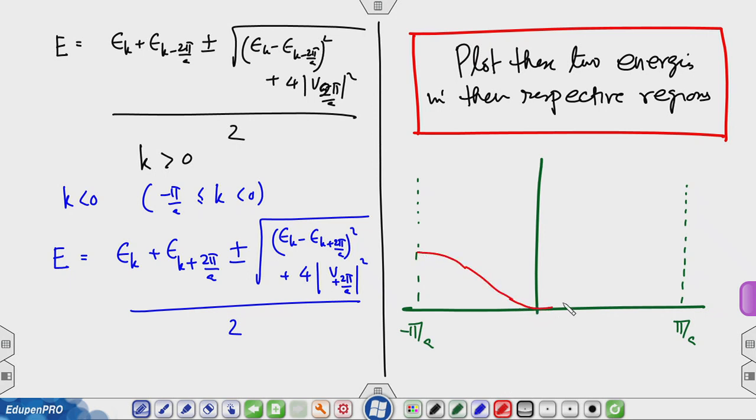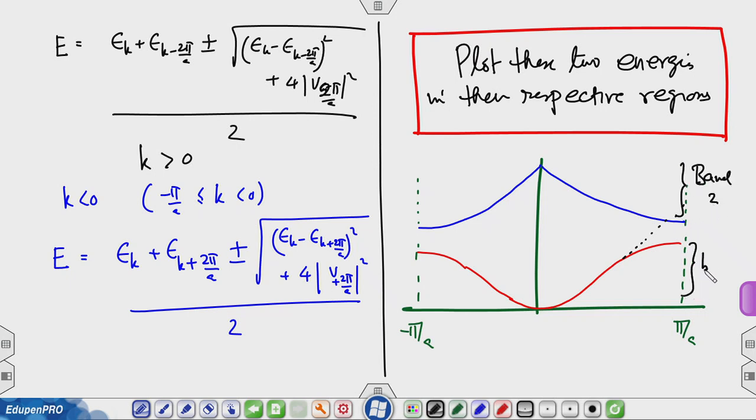So, the lower energy looks like this, and if you have done a proper plotting, you will get the upper energy to be like this. What should have been a continuous curve has broken into two bands. These are called bands: band 1 and band 2 of energies. I will comment in a minute about what happens here, why there is a cusp, and what happens when you go beyond π/a. But this is what I want you to plot.